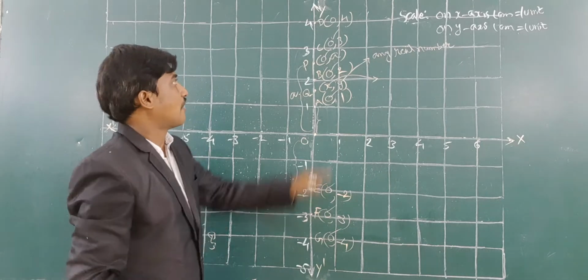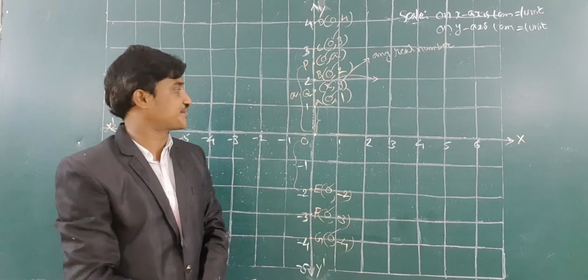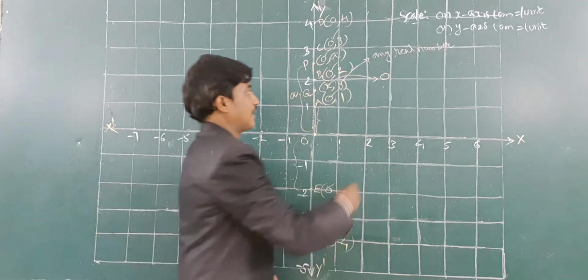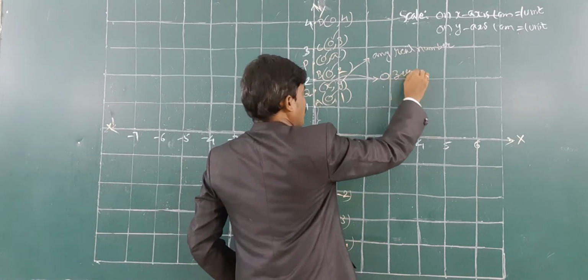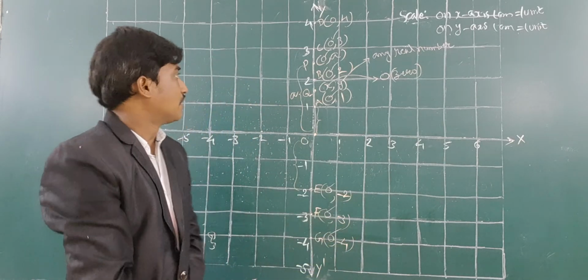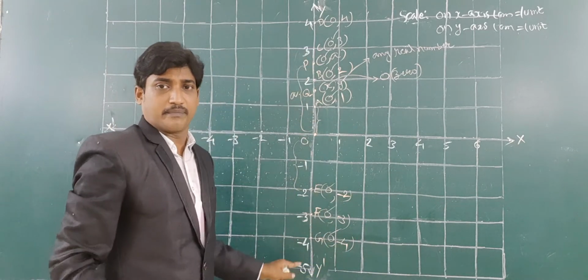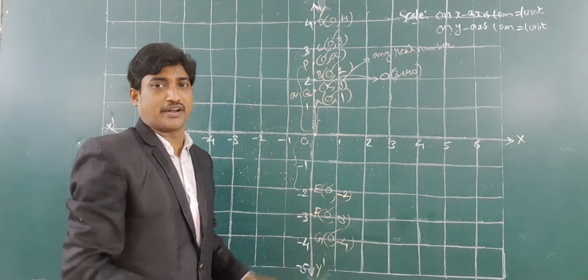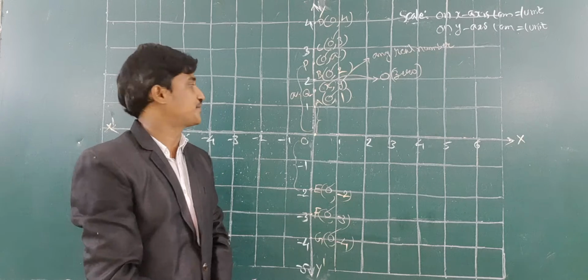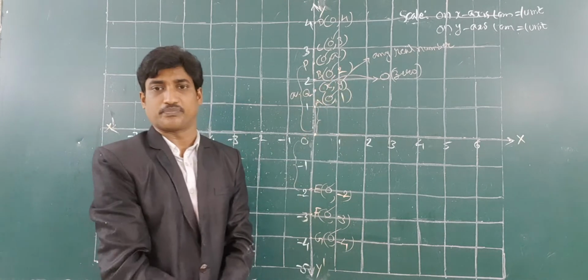That means for every point on the y-axis, the x coordinate is 0. The rule for every point on the y-axis is that the x coordinate is 0.